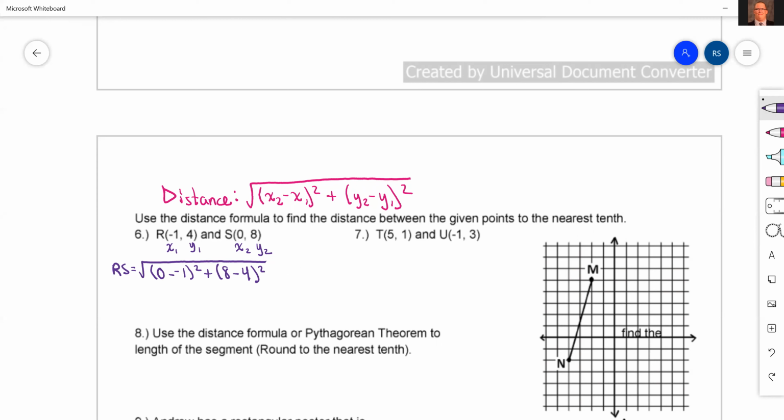Now, if you type that into the calculator, you would get the square root of 17, which is approximately, to 1 decimal place, 4.1.